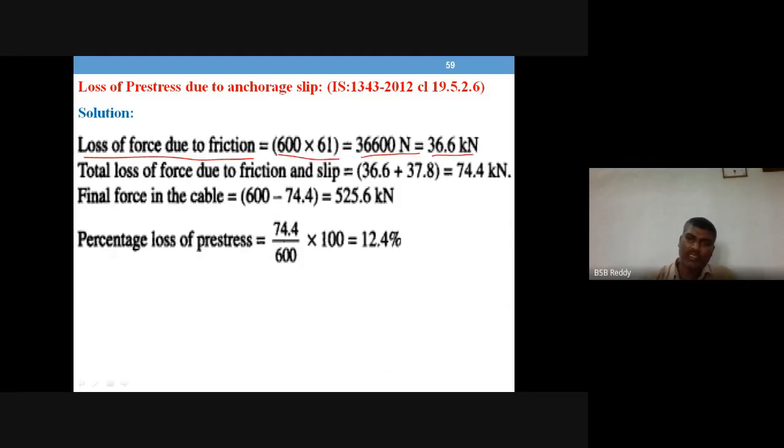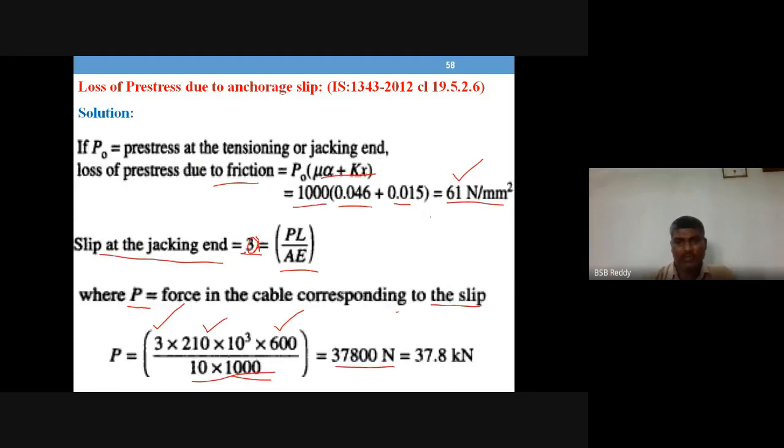So friction loss is 36.6, and 37.8 is the force required to develop the 3 mm elongation.